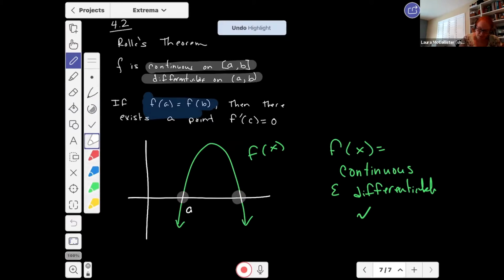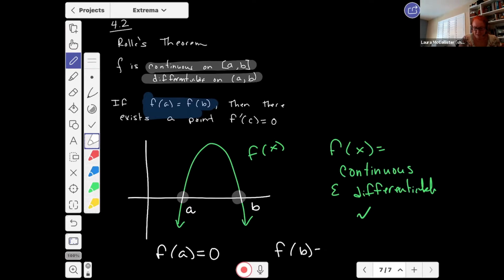If this is my point A and this is my point B, well, what does f of A equal? Yep, f of A is equal to 0. Is f of B also equal to 0? Yep, those are the zeros of the polynomial, correct?